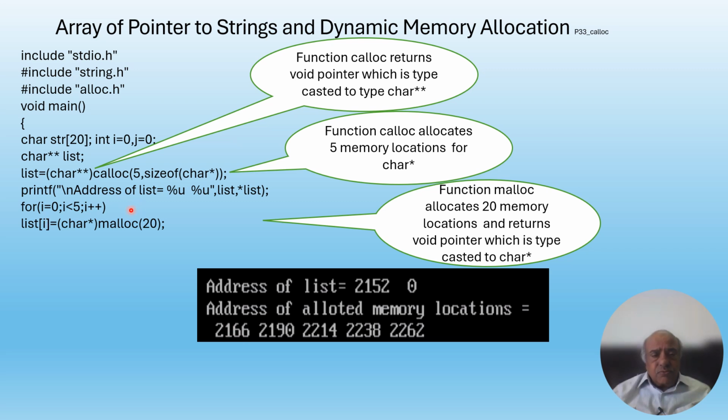We are doing it for 5 strings, so the 5 starting block addresses of the strings which we intend to use in our program further will be stored as elements of the list array.